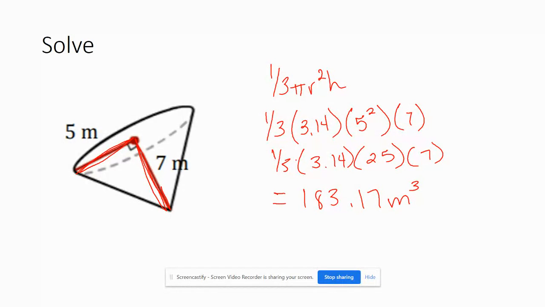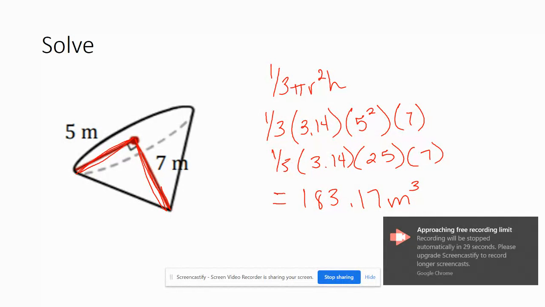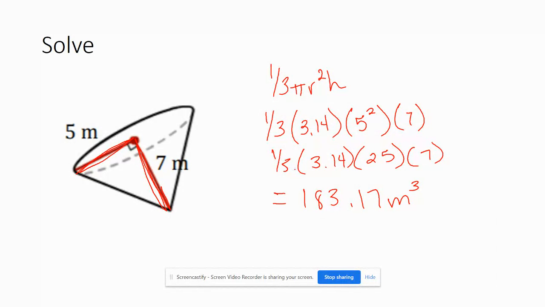Now, do not forget that 1/3 is the same as 1 divided by 3. If you don't know how to put 1/3 in the calculator, use 1 divided by 3. But yes, this is how you find the volume of a cone.